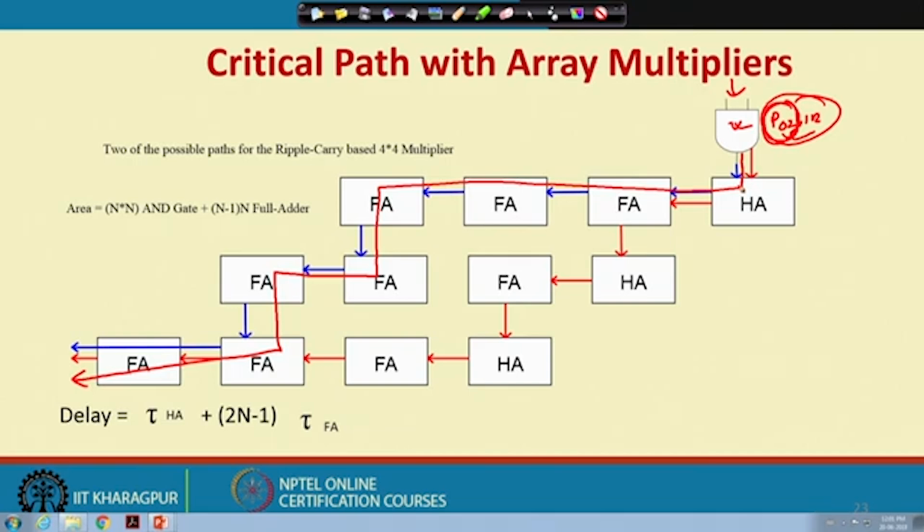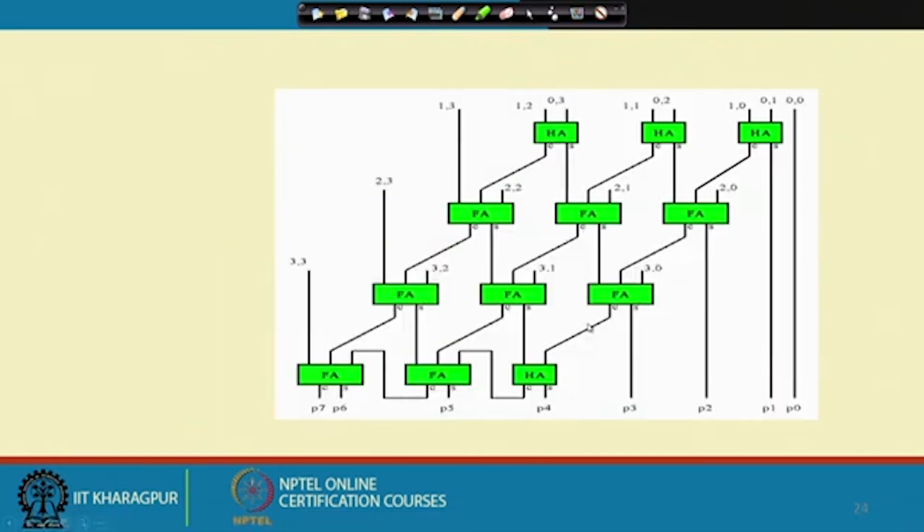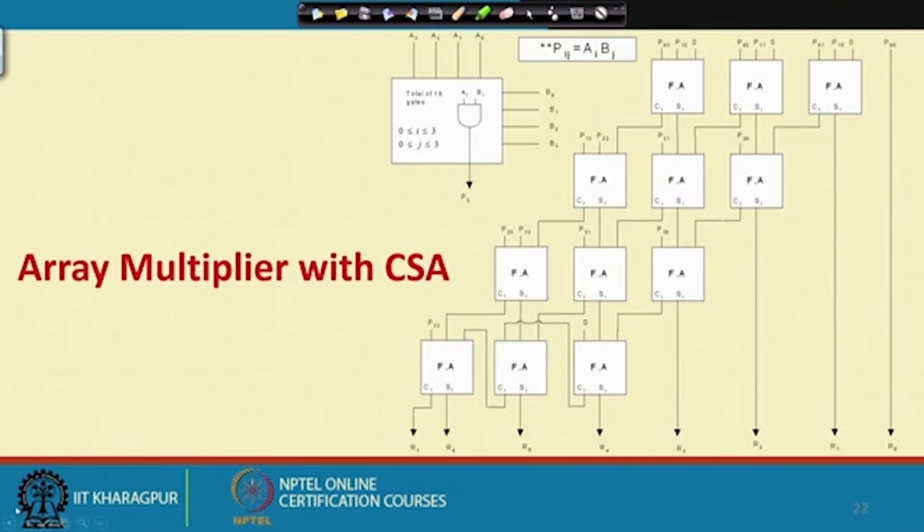Then the carry is propagating from each of these stages, so that is why it requires that time as the critical path for this array multiplication.